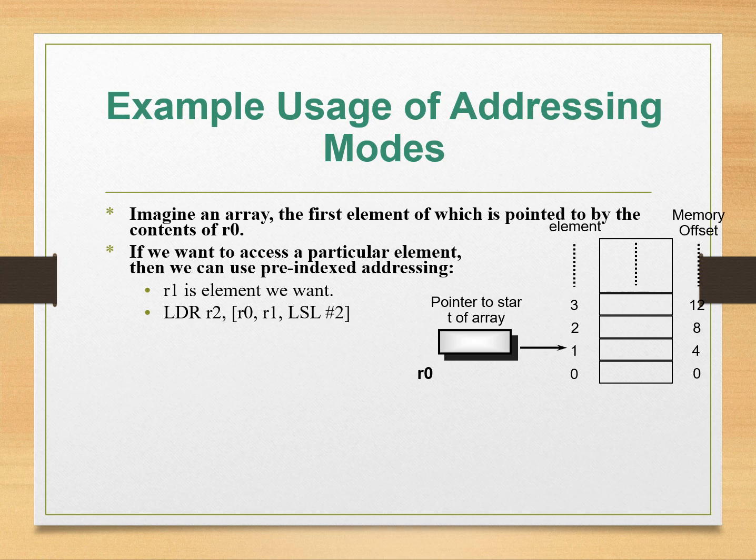So you can load R2, meaning put the value inside R2, from the original base and the offset R1 multiplied by 4.